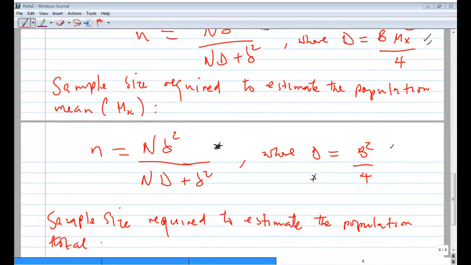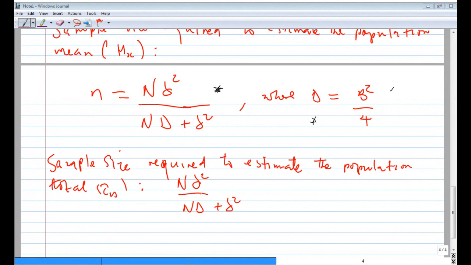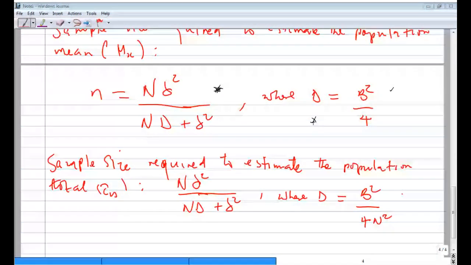In other words, we're talking about the y. So it's given by the same formula, sigma squared over N times D plus sigma squared. So now, in this case, our D is equal to what? B squared over 4N squared. The only difference is at D. So that's it.